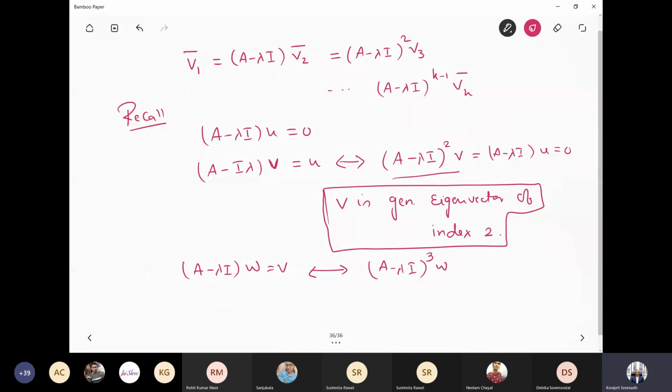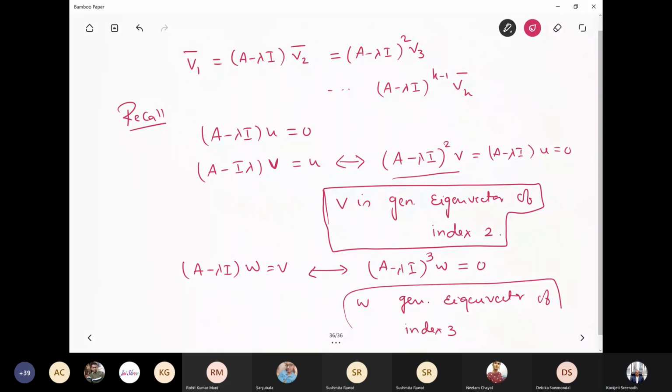So w is a generalized eigenvector of index 3. This is how we are formulating whether generalized eigenvectors exist, and if they exist, how they will look.